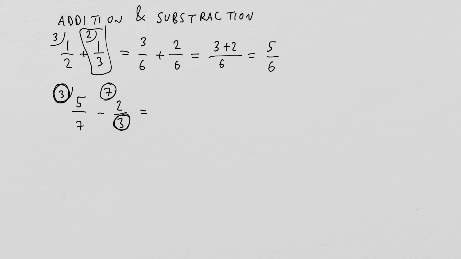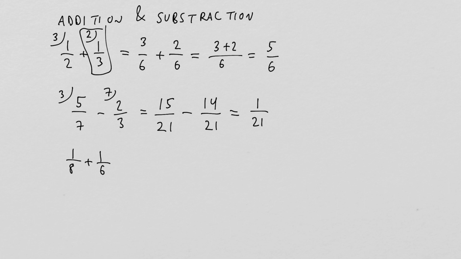Why here is 7, we took it from the denominator from here. Okay, 3 times 5 is 15, 3 times 7 is 21, and 7 times 2 is 14, and 7 times 3 is 21. Well, we will get 1/21.